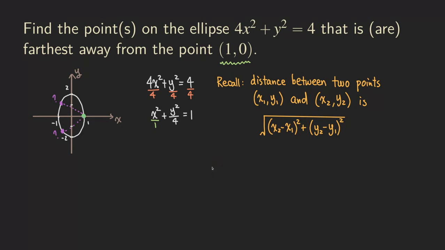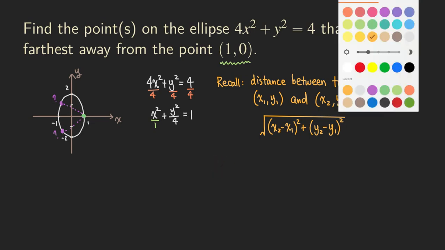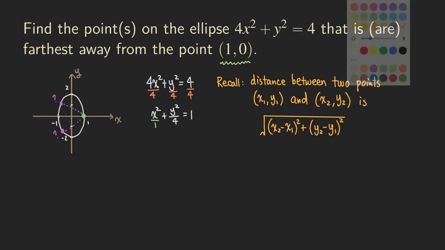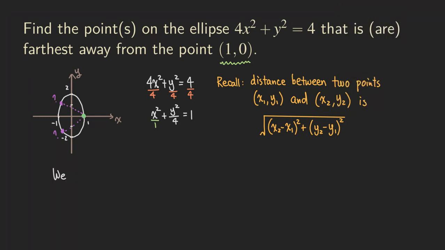Okay, so what we are going to do is that we can start the problem by saying, okay, if we try to maximize, we can try maximizing the square of the distance between the green point and the purple point.